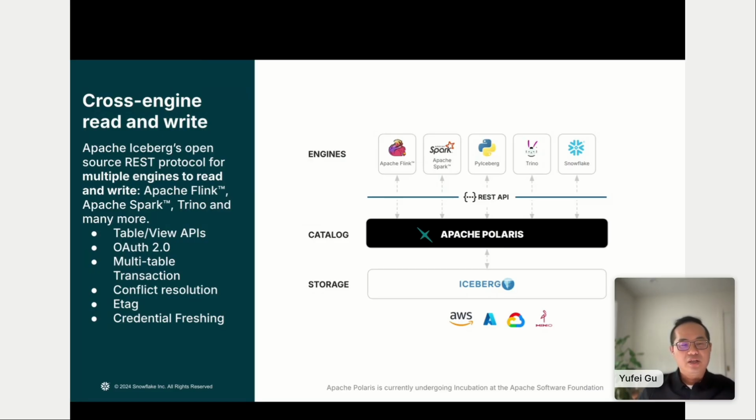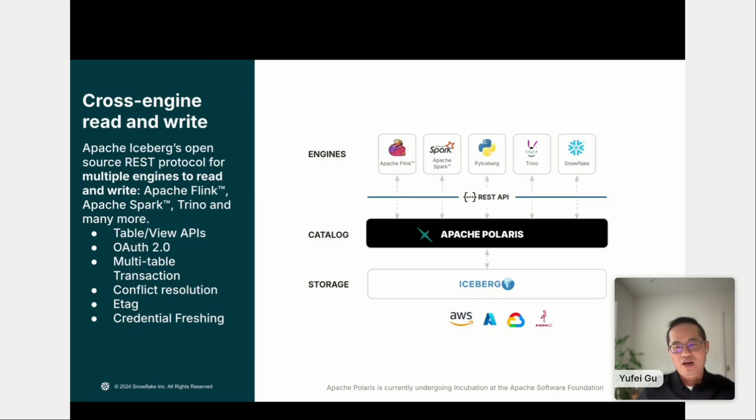And it supports all these new features, including table and view APIs, OAuth 2, multi-table transactions, the conflict resolution I talked about, rollbacks, compaction, e-tags, and credential refreshing. All these specs are supported by Polaris. I would say Polaris is the best reference implementation at this moment for IRC.